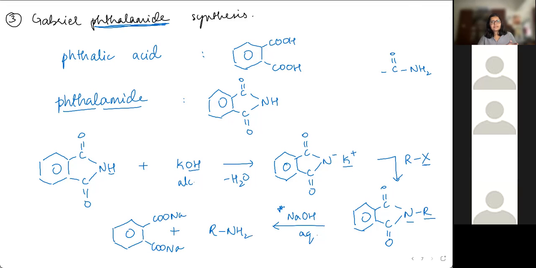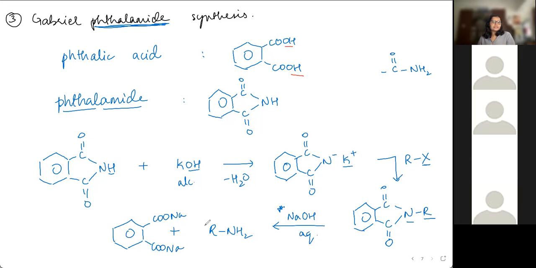This is again a special important thing, because you are regenerating your phthalic acid by the end of the reaction. Once you have your phthalate salt, on hydrolysis you get the COOH back, and you can convert this again into an amide and then take it through this entire process again.